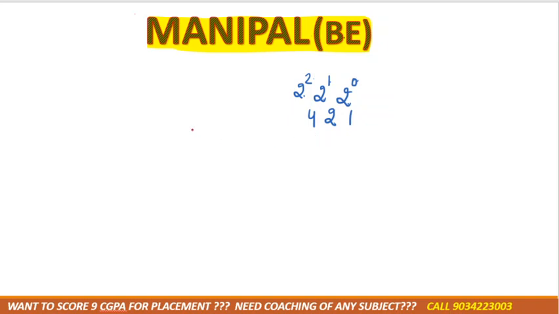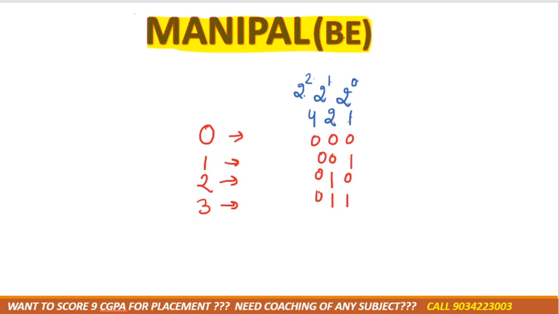Correct? So if I want to represent 0 over here, then that would be 0 0 0. If I want to represent 1 in this form, then put 1 in the 1 place, and another would be 0. Then 2 would be 1 under the 2, another would be 0. Then 3. 3 is how much? 2 plus 1. So that would be 0 1 1. Then 4, that is 1, 0, 0.